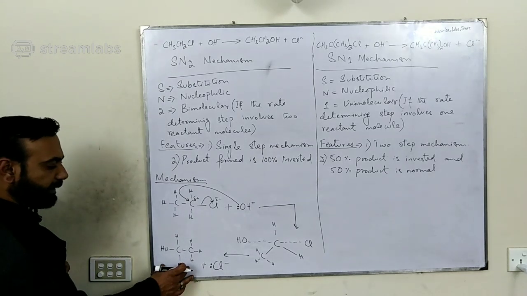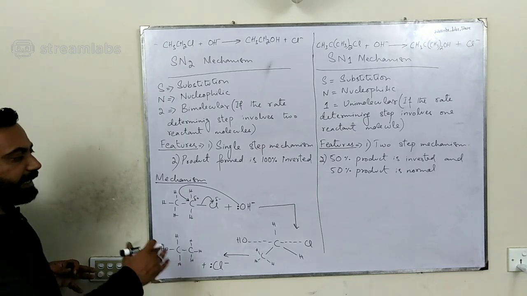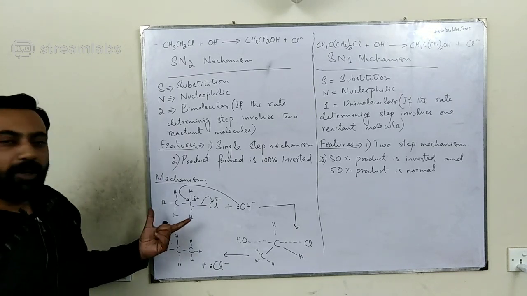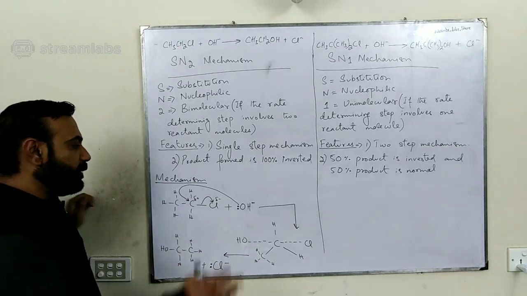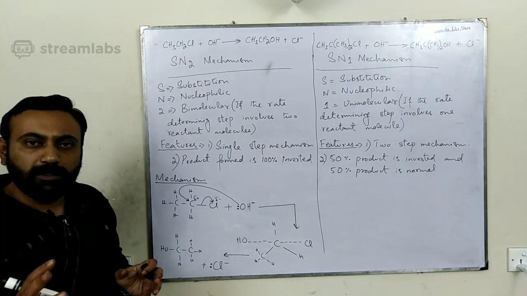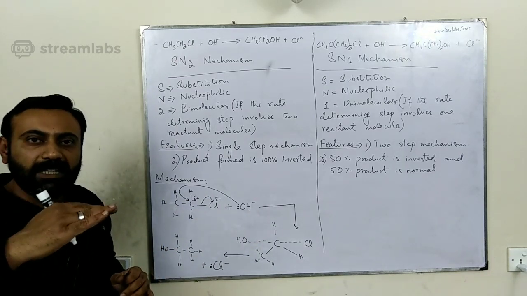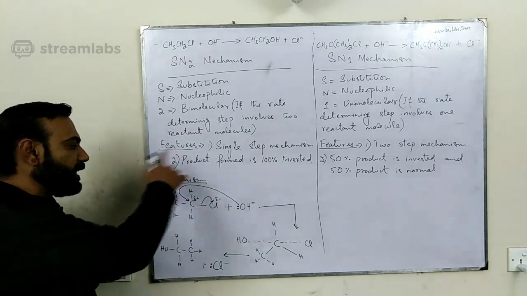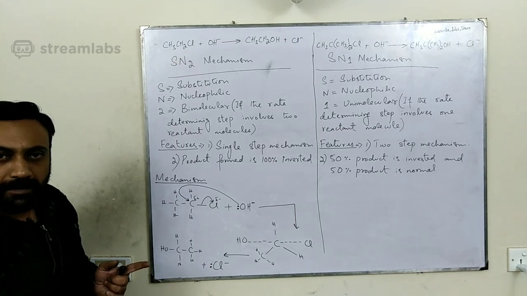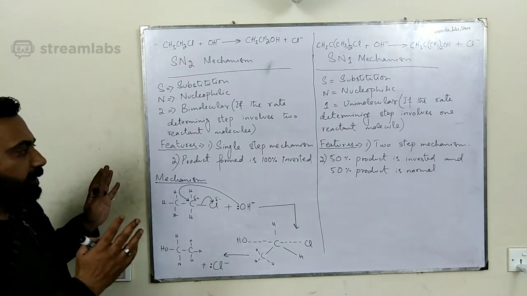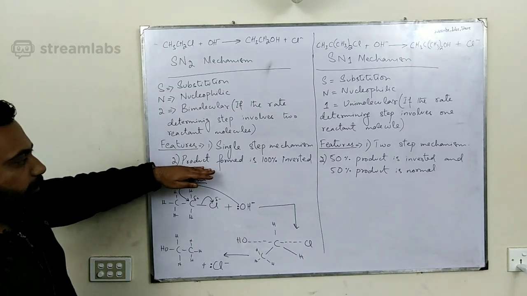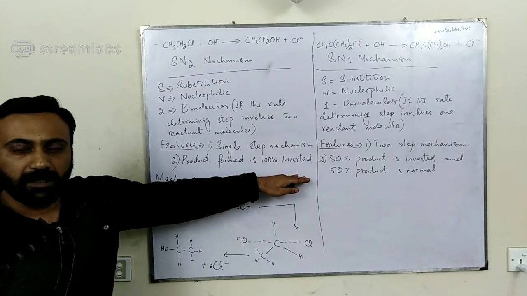Now look at this molecule. This molecule is an inverted molecule as compared to what the organic compound was in the beginning, because the OH group cannot form the bond exactly from the side where the halogen was bonded. This is because of the negative repulsion. It will always attack from the other side, so the molecule formed will be inverted like this. This happens in the SN2 mechanism. This is why I stated here the product formed is 100% inverted.